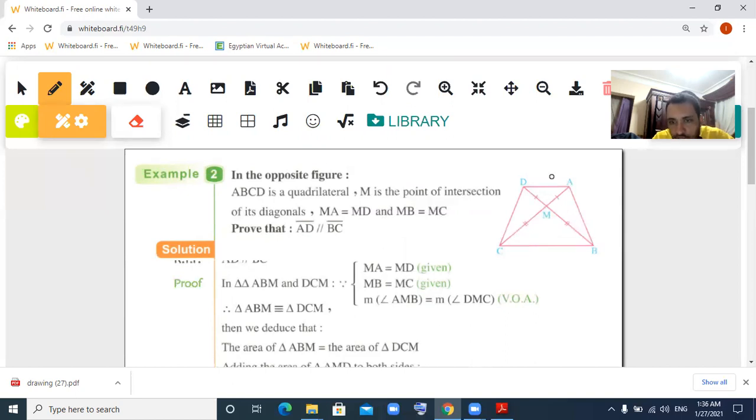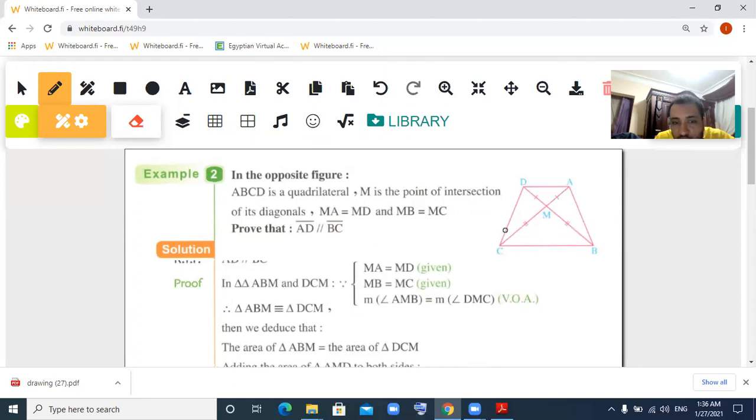Here in this question, to prove that two lines are parallel, I will search for two triangles drawn between the two lines. The two triangles must be equal in area and also have a common base. So I will try to prove that two triangles drawn between the two lines are equal in area and also have a common base.